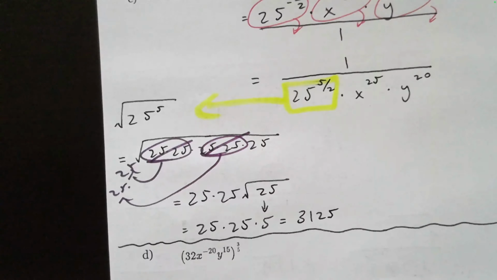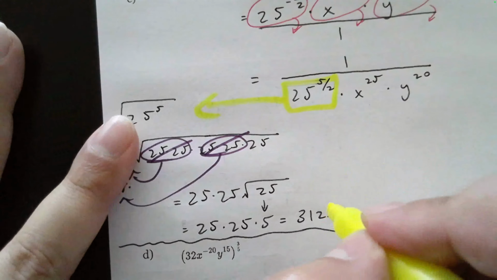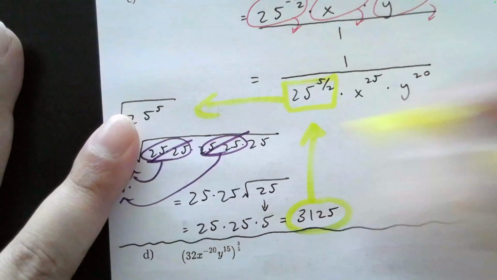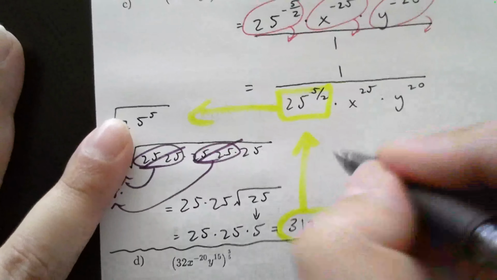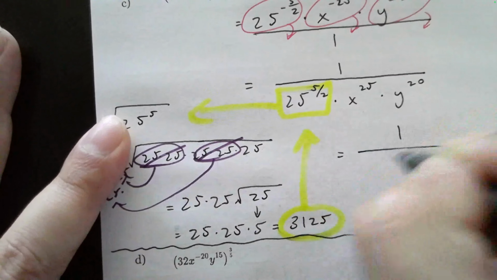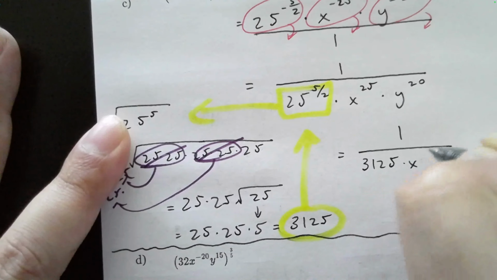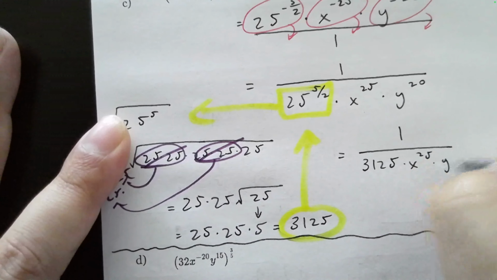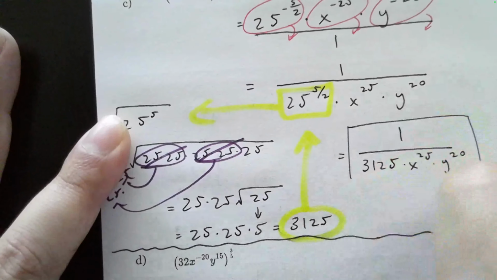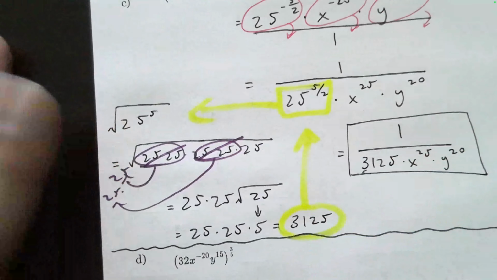Nothing left inside the root. Put that back, rewrite it, you're done. So this is 3,125, x to the 25, y to the 20.